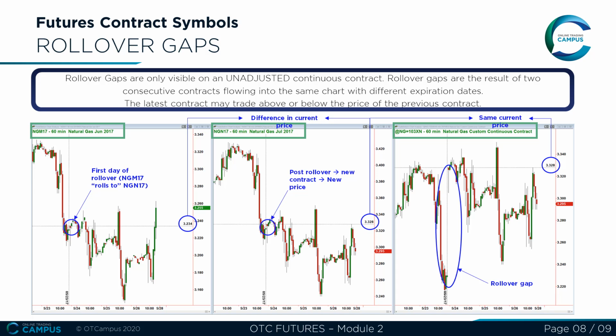So your unadjusted continuous chart is showing you the gap from 3.234 to 3.328 because this is when rollover started and the majority of the volume shifted from NGM17 to NGN17. Bottom line, rollover gaps are only visible on an unadjusted continuous contract. Rollover gaps are the result of two consecutive contracts flowing into the same chart with different expiration dates. The latest contract may trade above or below the price of the previous contract.